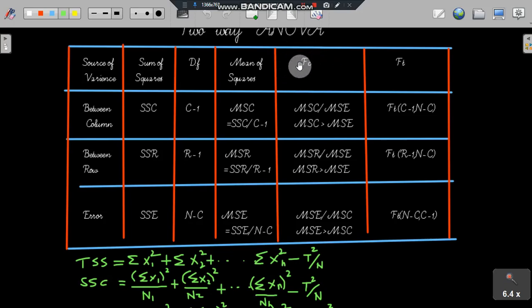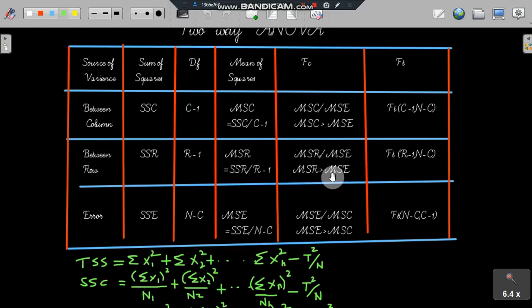In the same way, suppose MSR is greater than MSC. Then we write MSR in the numerator, divided by the smaller number in the denominator.